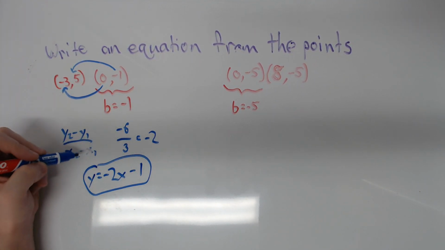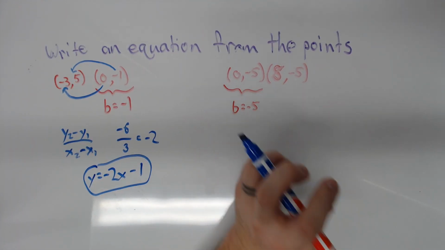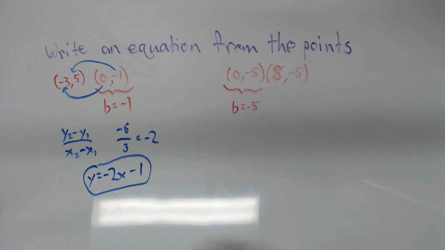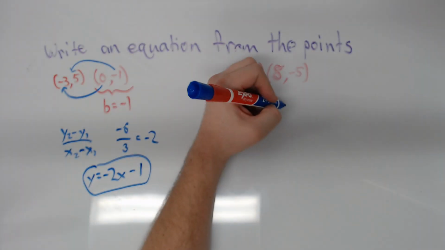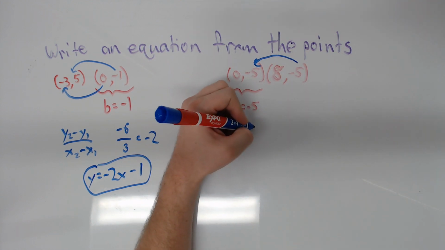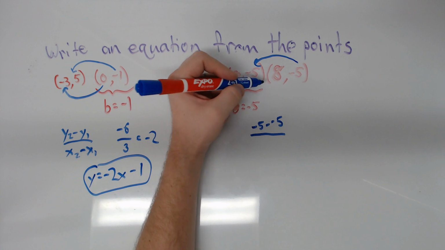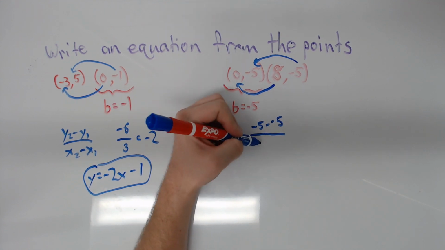Now I'll actually show my work with the slope equation for this one. I just wanted to show what I do for mental math, how I keep track of what I'm doing. So for my y2 minus y1, it's going to be negative 5 minus negative 5, and then 8 minus 0 for my x's.